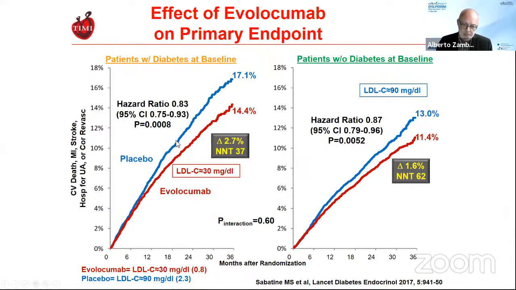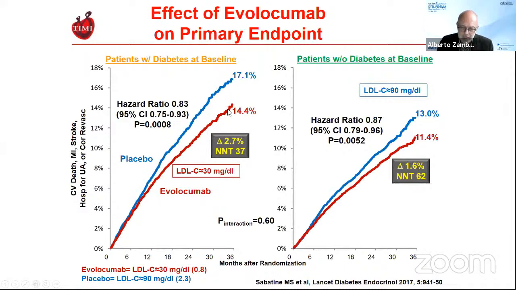As you can see here, this is the placebo group, high-intensity statin, 17% event, very high event rates in 36 months, and a significant reduction of 2.7 absolute risk reduction, 17% relative risk reduction, number of patients needed to be treated 37, in those on evolocumab that reached an LDL cholesterol of 0.8 millimoles or 30 milligrams per deciliter or less.